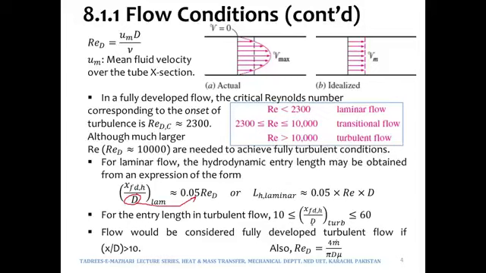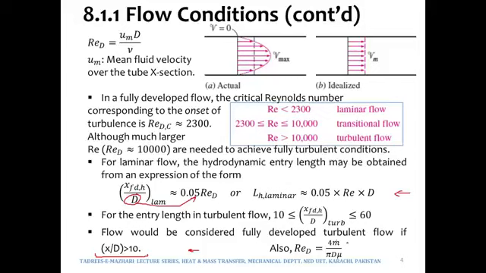So if x by d is greater than 10, as is mentioned over here, the flow would be considered as fully developed turbulent flow. So the first one is for laminar flow, and this one is for turbulent flow.